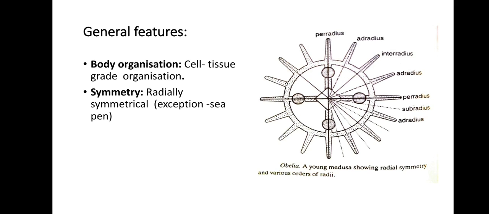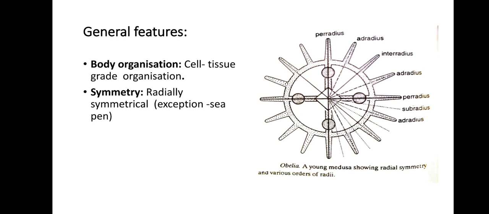For example, nerve tissue appears for the first time in metazoa in Coelenterata. So there is some kind of coordination among different cells of an animal's body. So the body organization in Coelenterata is a cell tissue grade of organization.